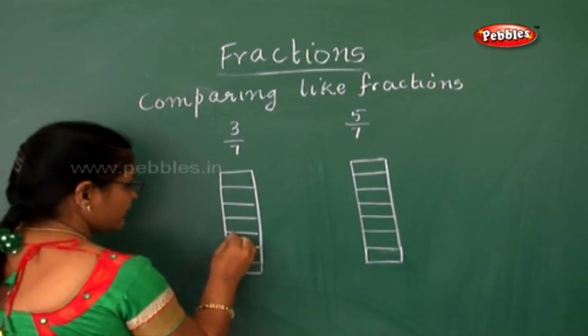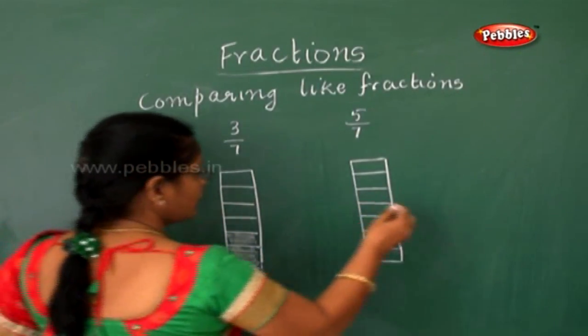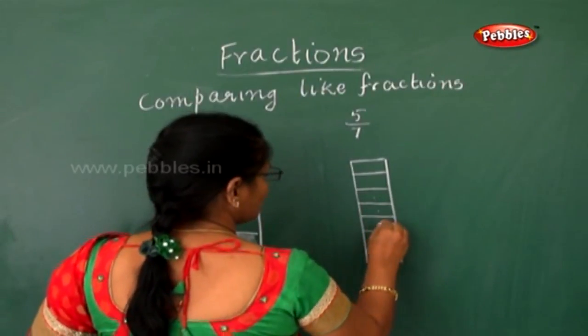See here 3 by 7 and here it is 5 by 7. 1, 2, 3, 4, 5.